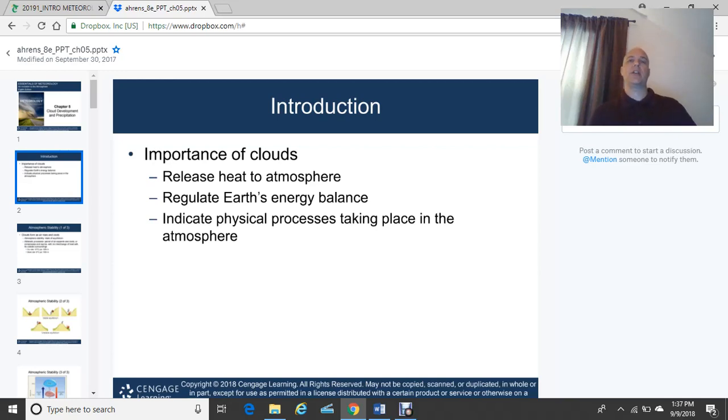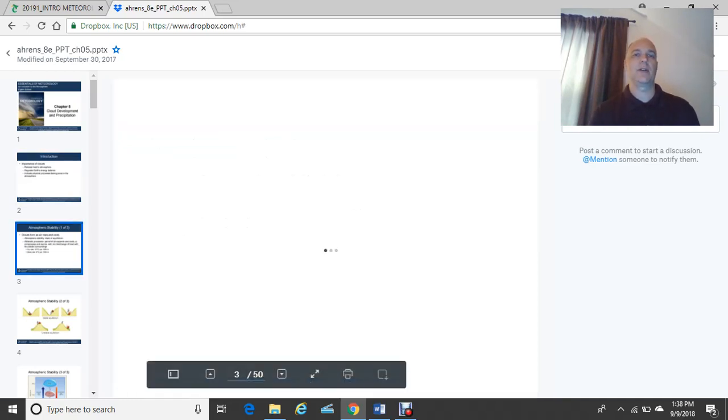For example, if a cloud is growing tall and it's a big, puffy looking cloud, we generally know that the atmosphere is unstable. Whereas if you see a more layered, stratus-like cloud, then we generally know the atmosphere is stable. So clouds do tell us the physical processes taking place in the atmosphere.